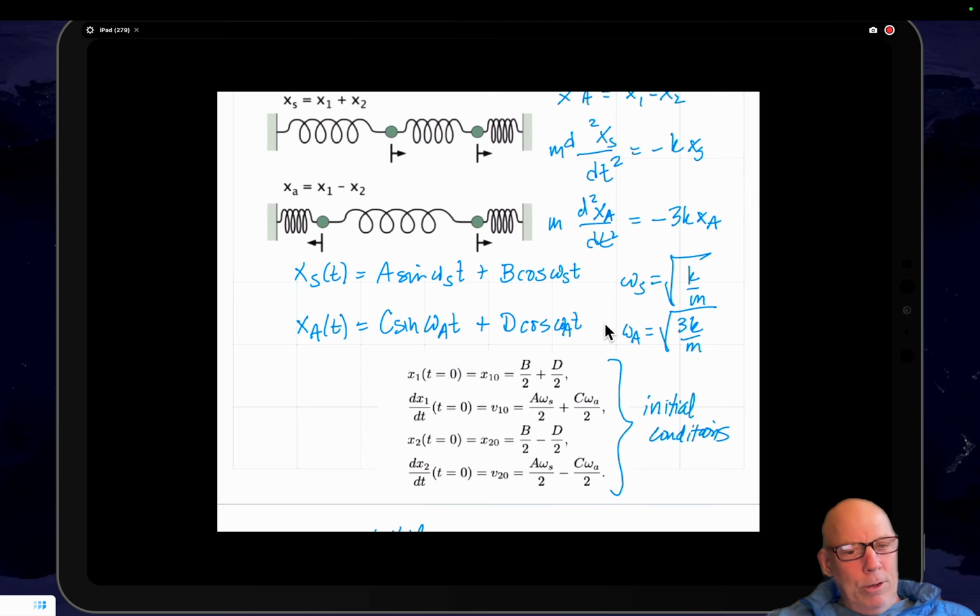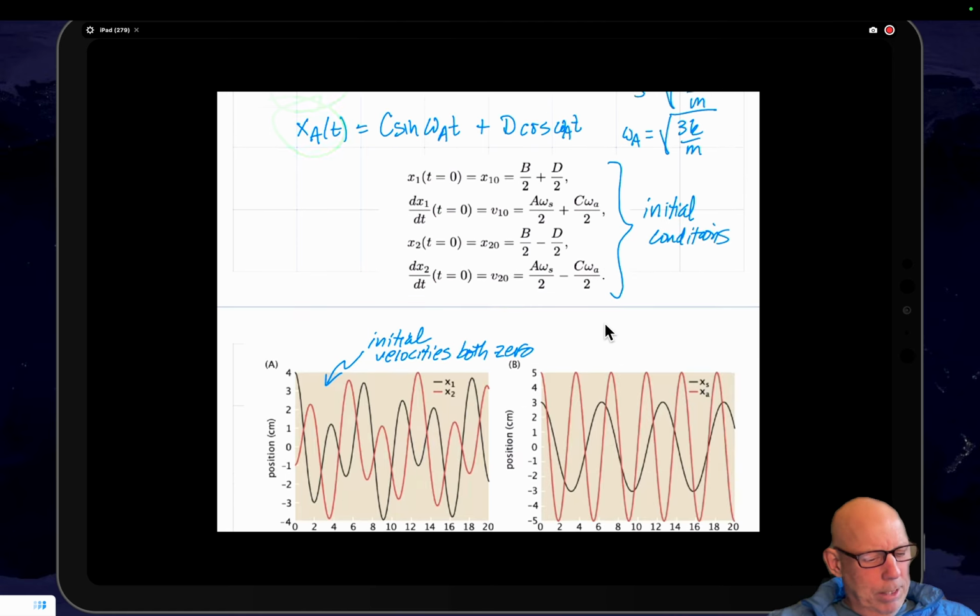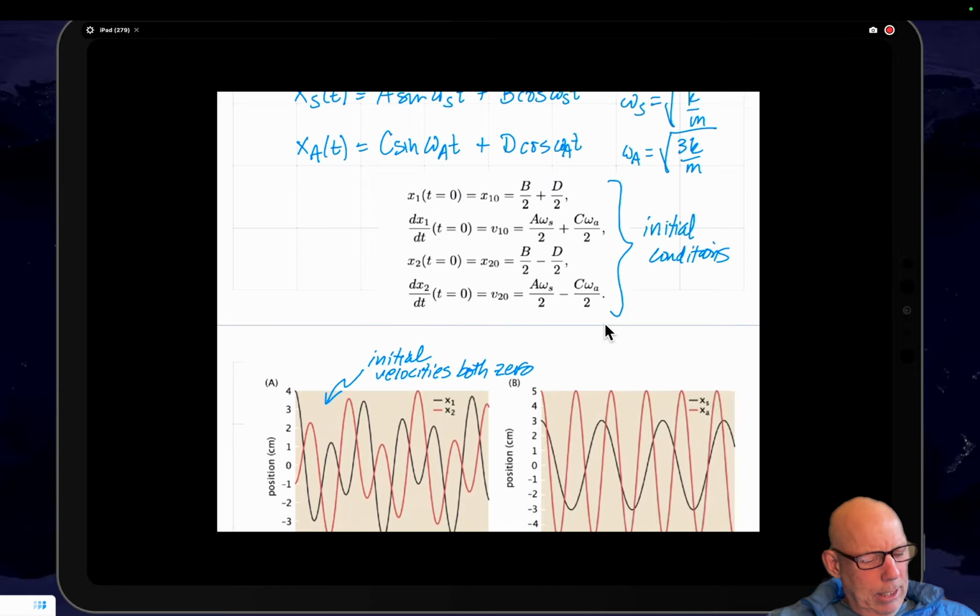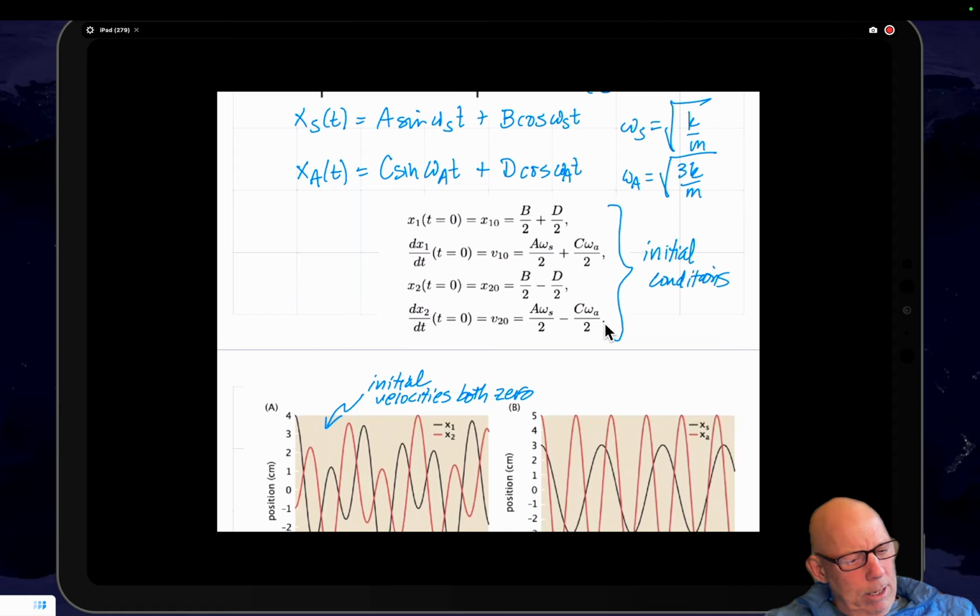I can get those solutions by basically adding these two. So just as a little piece of arithmetic, I note that x1 is equal to 1/2 (xs plus xa), and I note that x2 is 1/2 (xs minus xa).